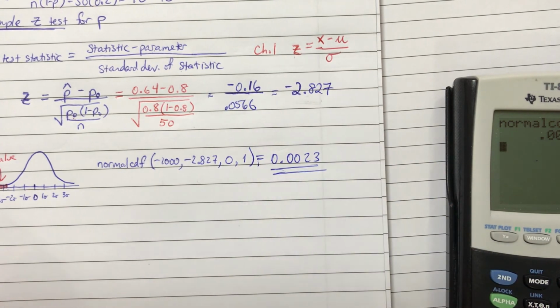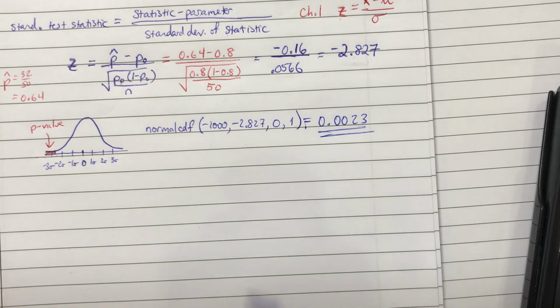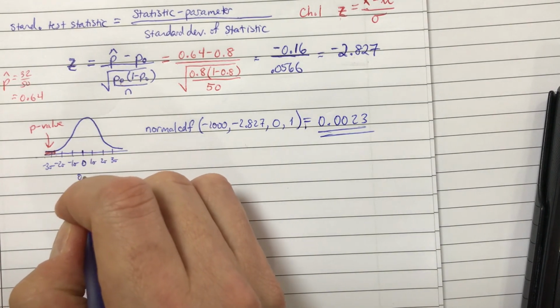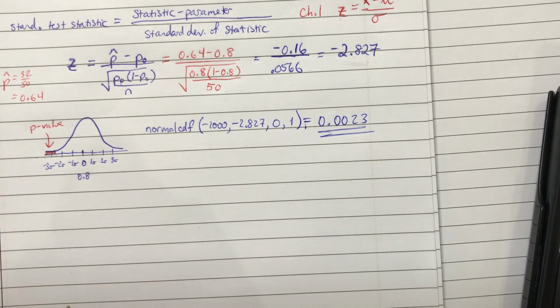Now you might be thinking though on the normal curve, well, what if I had used Mr. Cavell's claimed proportion of 0.8? Would I have been able to still do this?